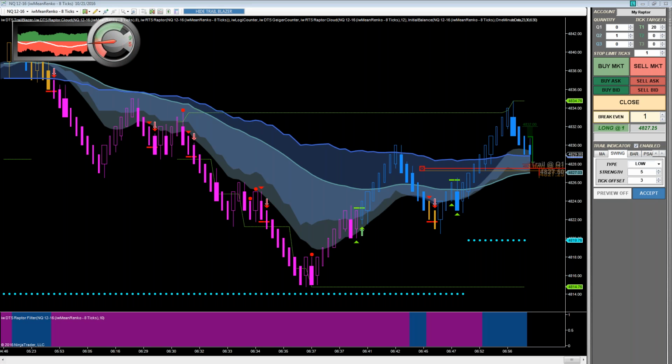So they're just hovering above our break even. I think we may see a larger reversal here.